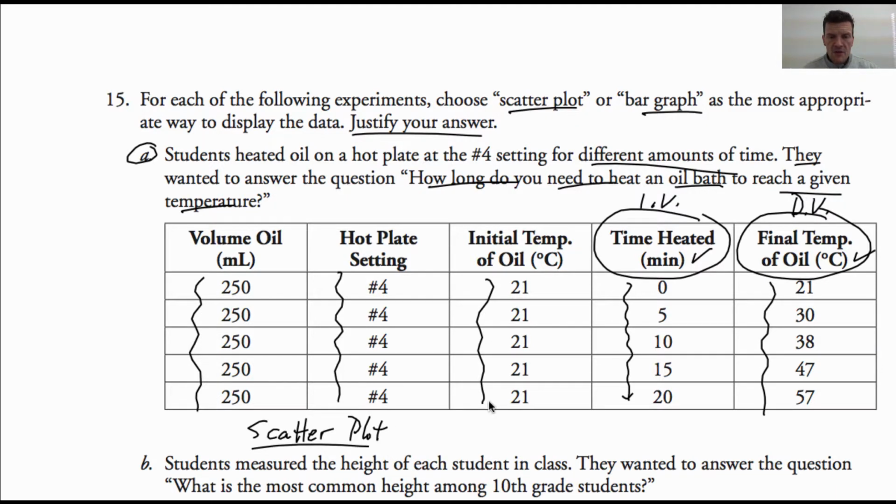The reason you want to use a scatter plot is because you didn't heat this for 2 minutes, or for 8 minutes, or for 13 minutes, but if you do a scatter plot and you draw a trend line, you could estimate what temperature 8 minutes would produce, just by looking at what's called the trend line.